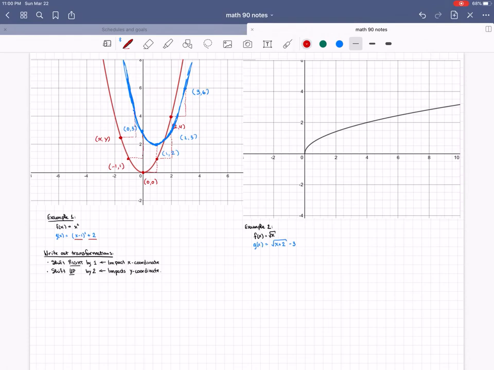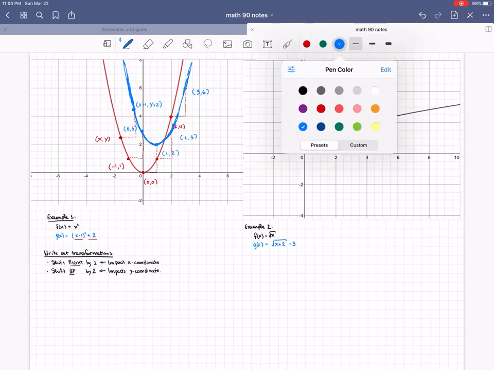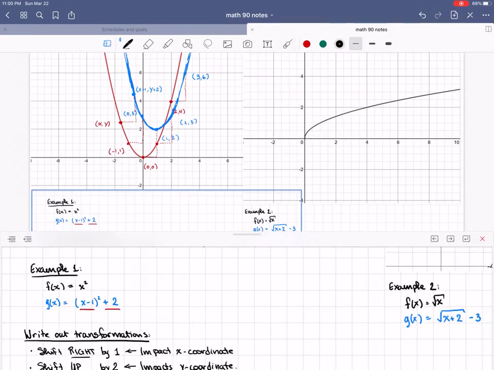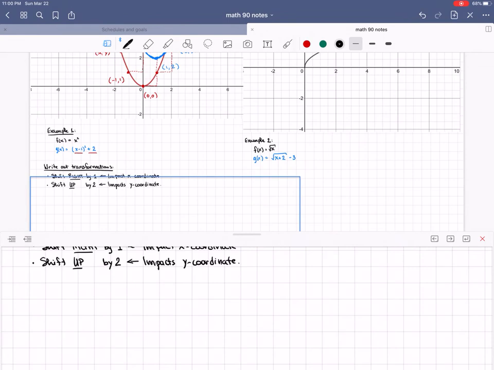We're going to cheat a little bit because my graph isn't perfect. But if I started with some point (x, y) on the graph of f, it's going to end up at a point whose x-coordinate is x plus 1 and whose y-coordinate is y plus 2. What I just did there is something that I will refer to as coordinate analysis. Let me write that zoomed in down here.